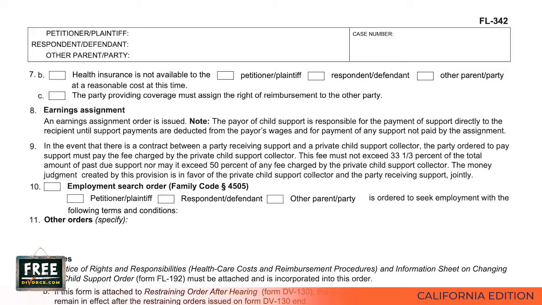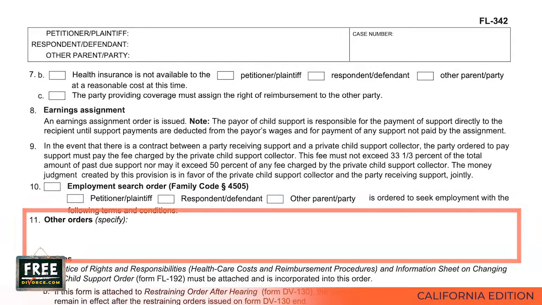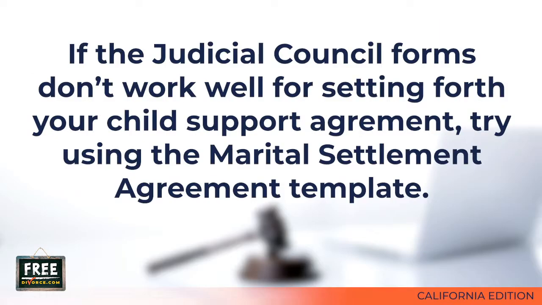You can try to add those kinds of provisions in the small space provided in item number 11 on the FL-342 form, or you can add an attachment to the form. Another option is to use the marital settlement agreement approach instead of the Judicial Council forms approach.